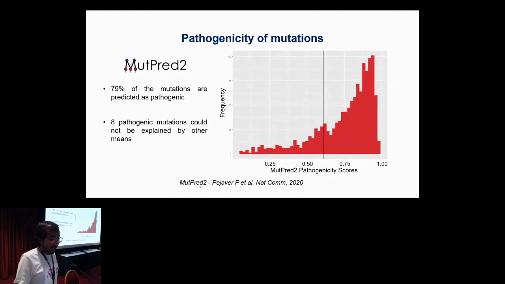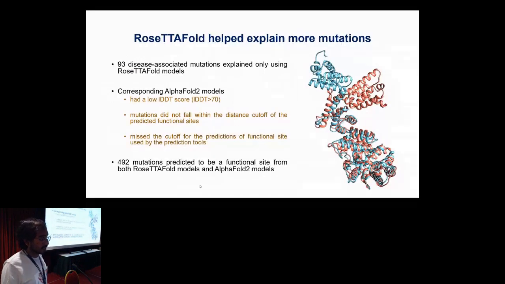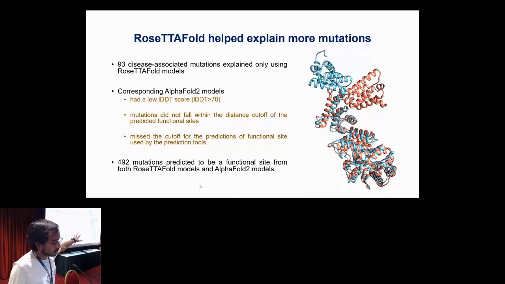So bear in mind, we have used RoseTTAFold models also for all our analysis, and the RoseTTAFold models helped explain more mutations. There were some 93 disease-associated mutations which we couldn't explain using AlphaFold, either because the AlphaFold model quality was low, or so. Over here, first let me take you through that figure. The figure is a superimposition of an AlphaFold and a RoseTTAFold model.